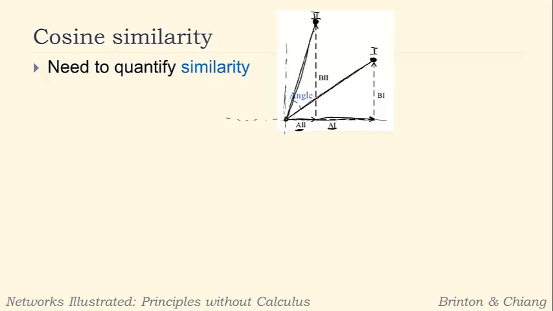User A also liked movie 2, so he rated that positive. User B liked movie 1, so he rated that positive. And user B also liked movie 2, so he rated that, granted, more positive, but it is the same. The vectors for movie 1 and movie 2 are both positive, they're both close to one another.